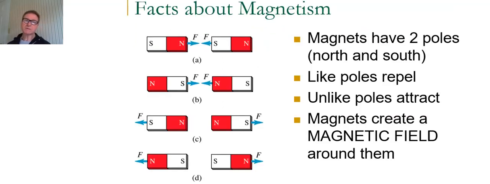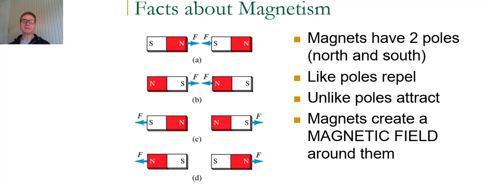All right, so first some facts about magnetism. I think we've all played with magnets before, usually in the form of bar magnets. And what happens is when we hold 2 bar magnets together, depending on whether we hold the north end of the magnet next to the south end, or south to north, or north to north and south to south, different things happen, right?